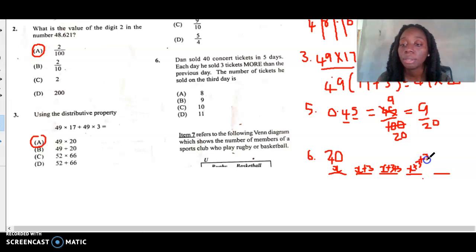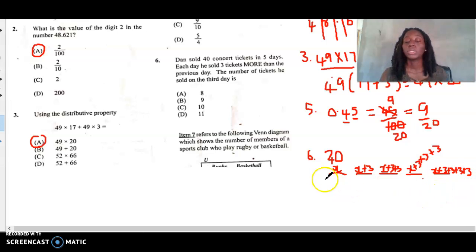And then for day 5 he would have sold X plus 3 plus 3 plus 3 plus 3.